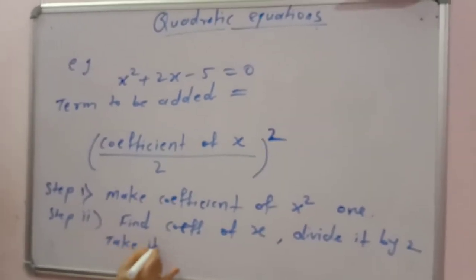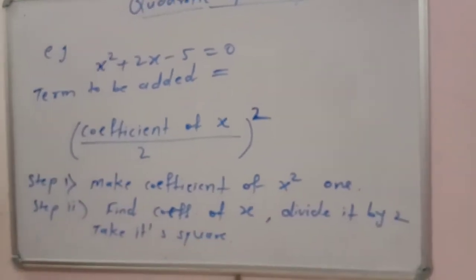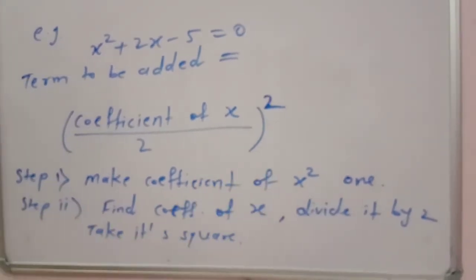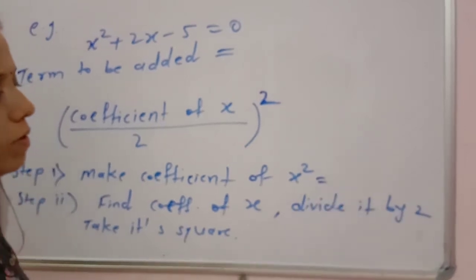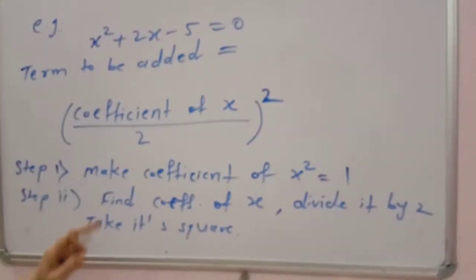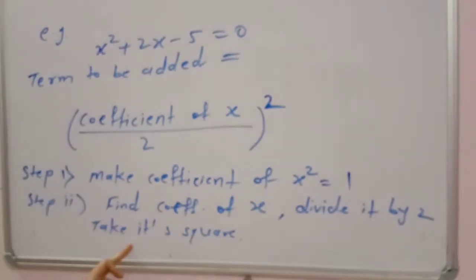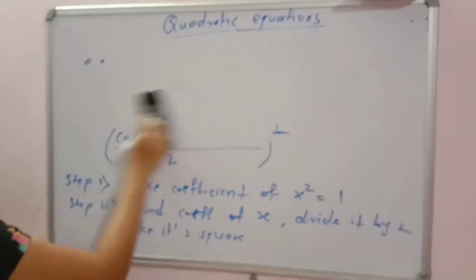I am repeating again. Make coefficient of x square equal to 1, I am writing. Then find coefficient of x, divide it by 2 and take its square.